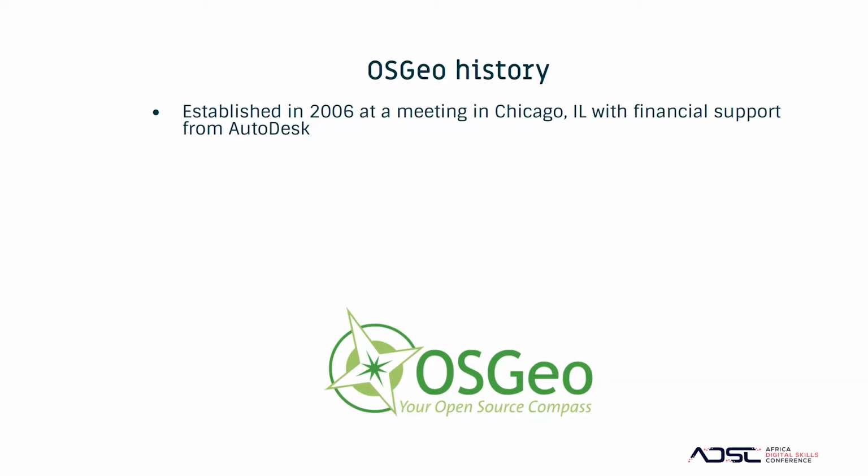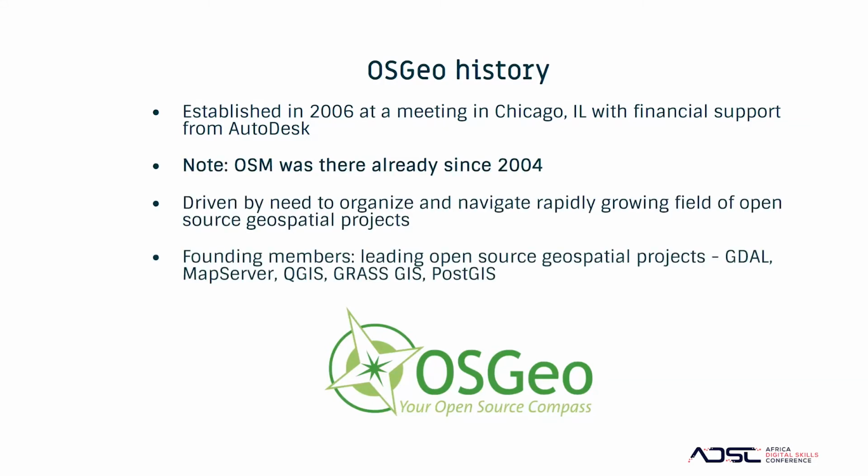Started in 2006. This slide is based on a presentation I did not long ago about OpenStreetMap and OSGeo. We'll look at OpenStreetMap. OSGeo started in 2006, and OSM started in 2004. Okay, I'm speaking too fast. Sorry, I slowed down.